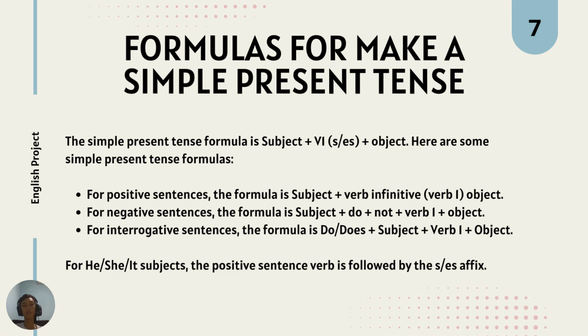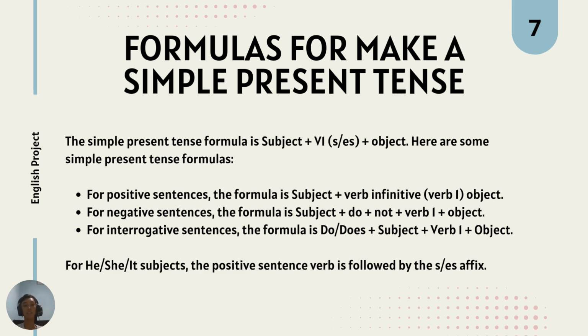Page 7, formulas for making a simple present tense. The simple present tense formula is subject plus verb 1 plus s or es plus object. Here are some simple present tense formulas. For a positive sentence, the formula is subject plus verb infinitive or verb 1 plus object.